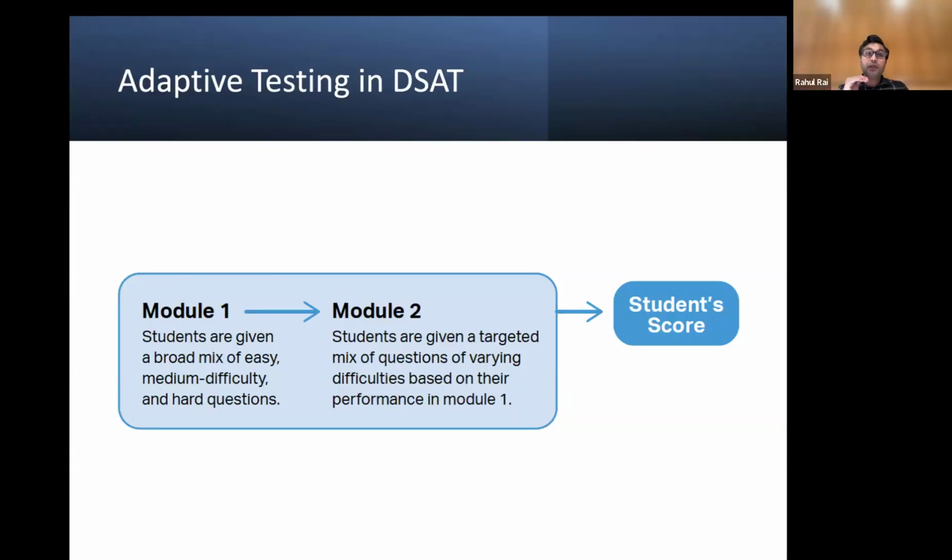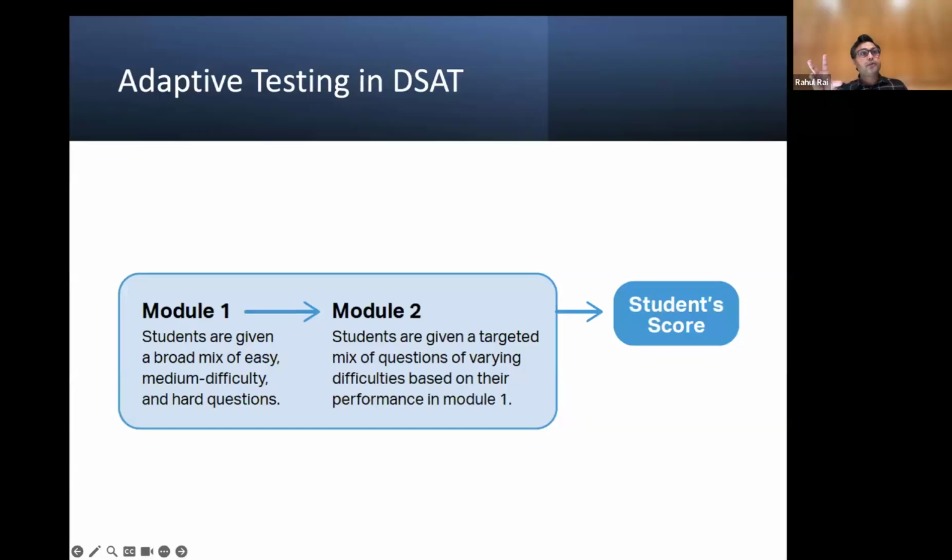So let's say you have done really well in module 1 and you've answered nearly all the questions, then typically you will get a lot of harder questions in module 2. Okay, so it is not a bad sign that you're getting harder questions in module 2, right? Typically, it's a good sign. That means you've done really well in module 1, and that's why you're getting harder questions in module 2.